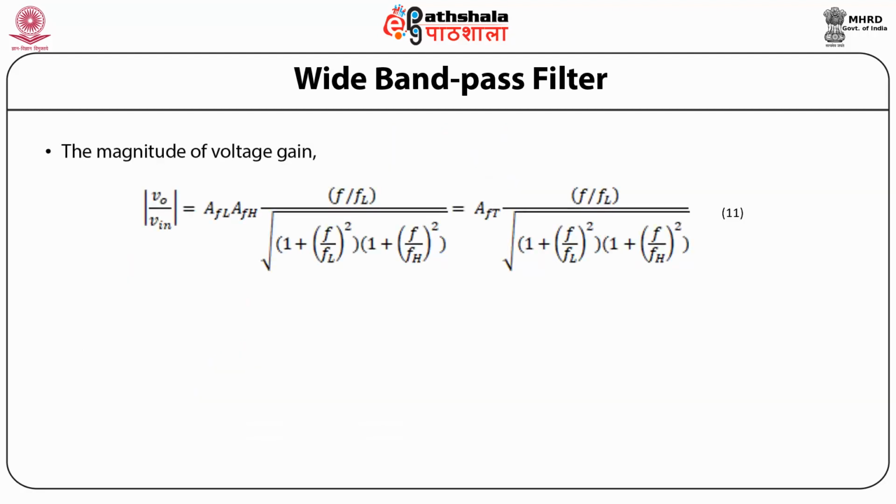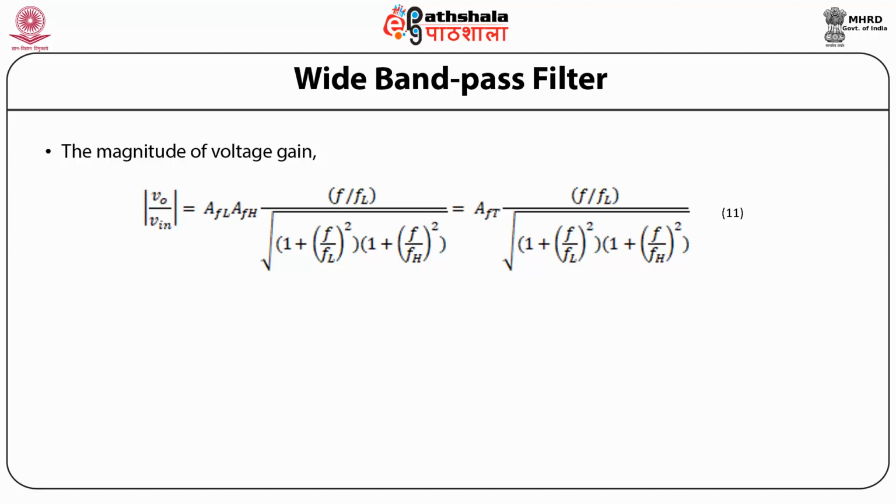The magnitude of voltage gain, that is modulus of V0 divided by Vin, is equal to AFL into AFH into f by fL divided by square root of 1 plus f by fL whole square into 1 plus f by fH whole square.